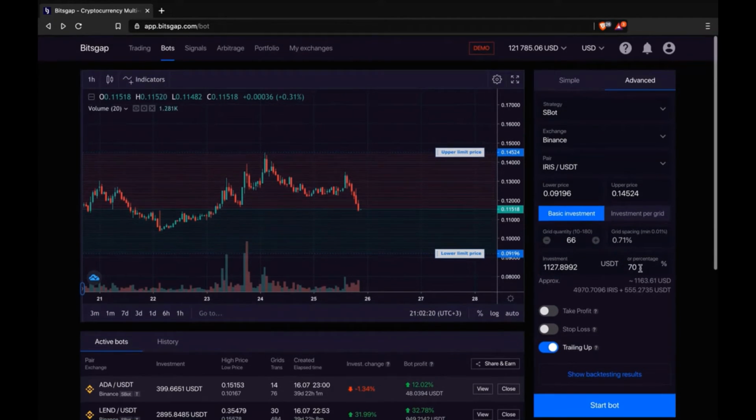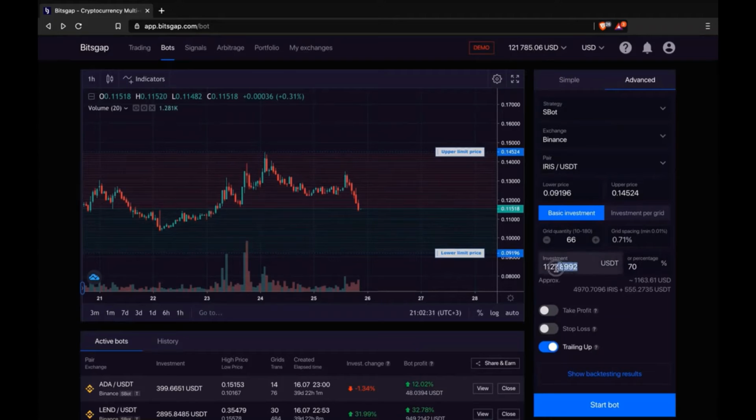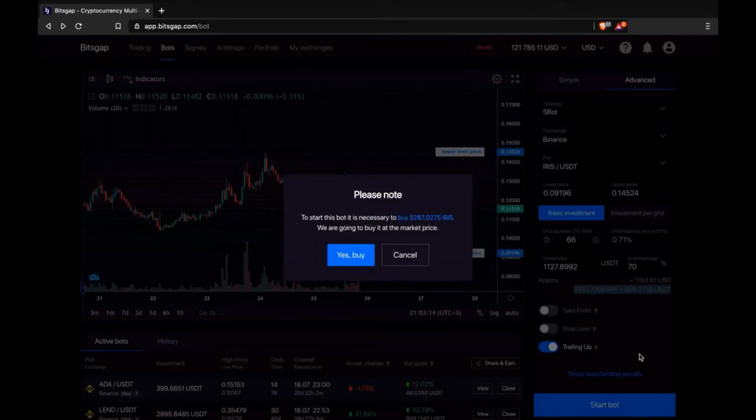And here we go. To launch the bot with the investment worth 1,127 USDT, the maximum amount of grid levels allowed is 66 according to this investment distribution allocation. Push the Start Bot to launch the bot.